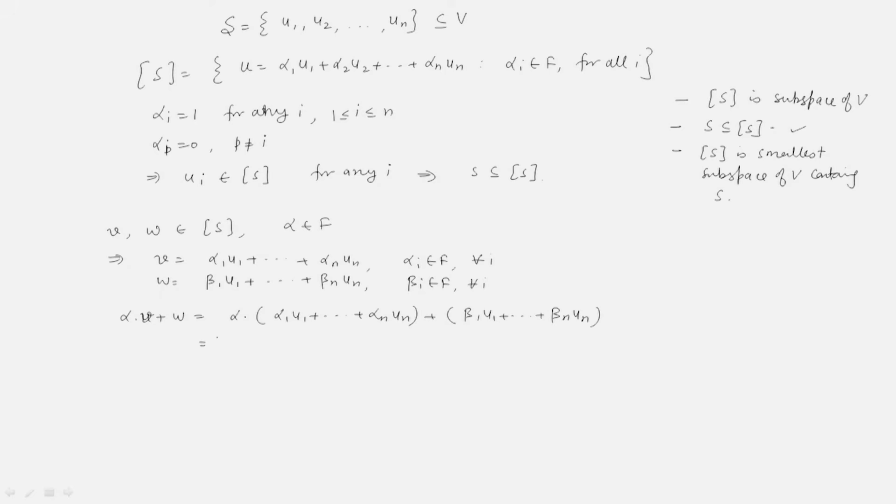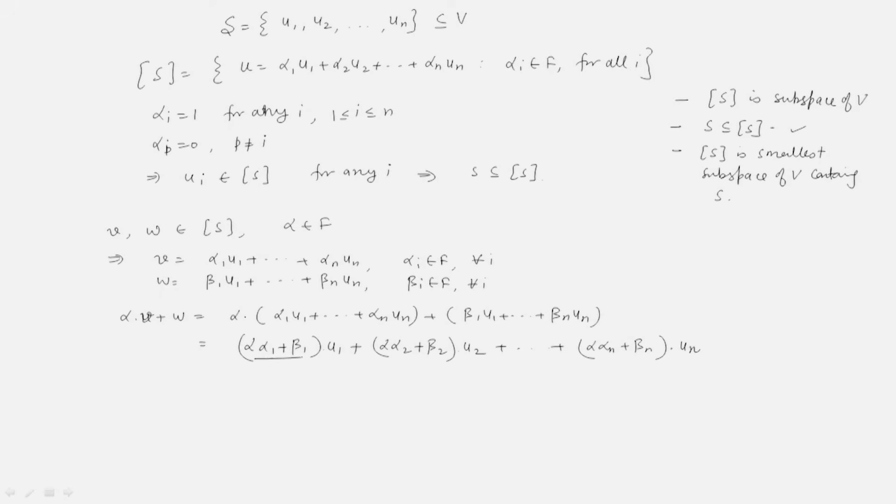So, when you apply the definition of standard scalar multiplication and vector addition, you simply get alpha alpha 1 plus beta 1 times U1, plus alpha alpha 2 plus beta 2 times U2, and so on, up to alpha alpha n plus beta n times Un.